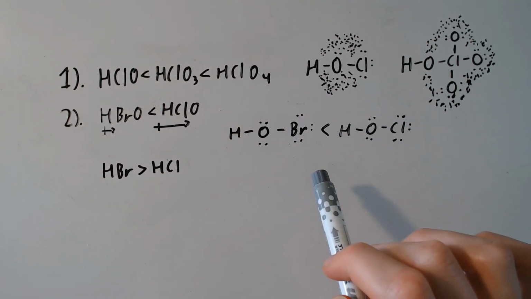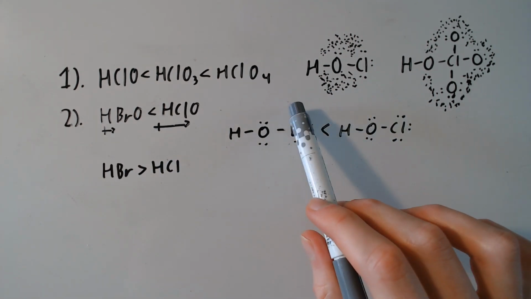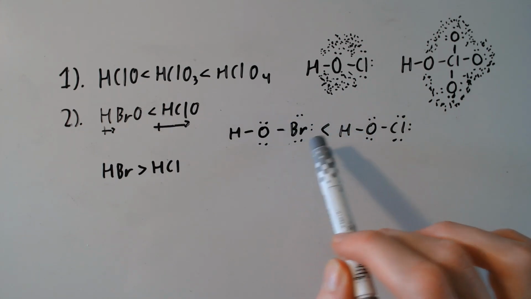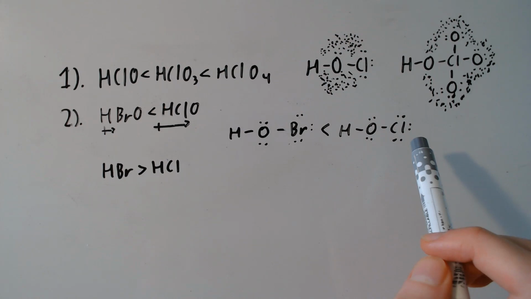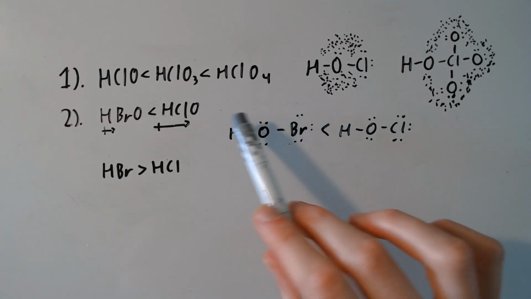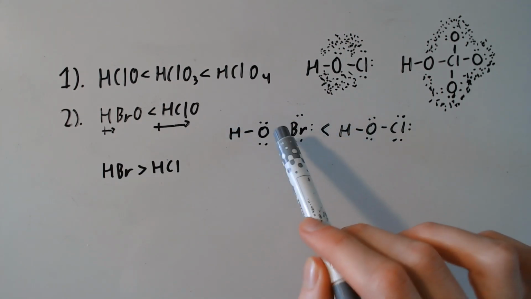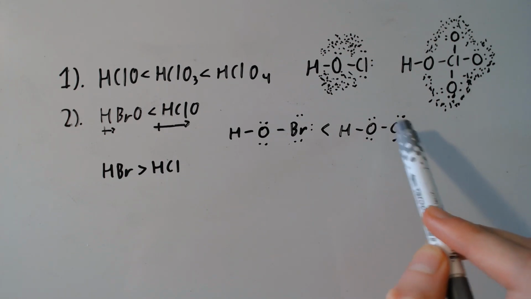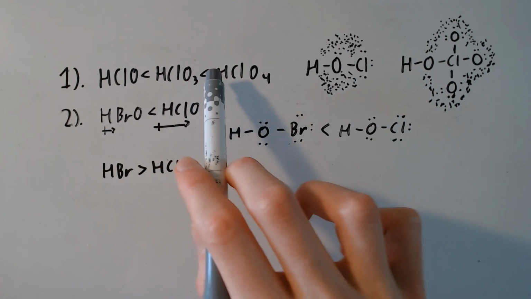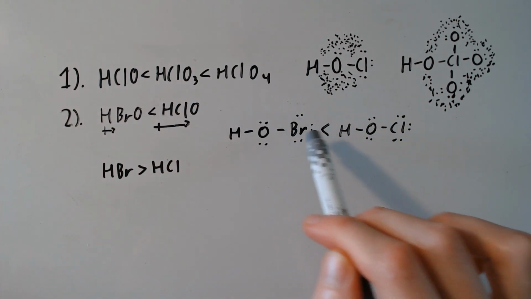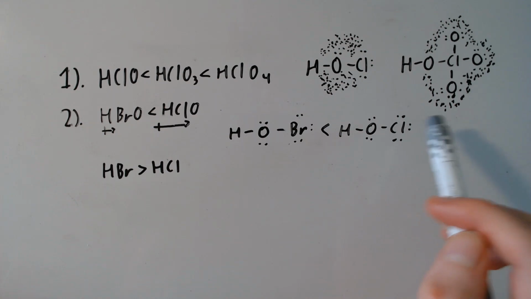So in this case, I drew them again. As the electronegativity of this central atom right here increases, the electrons are more shifted towards this central atom. However, there is a difference between an increase in the number of oxygens and an increase in the electronegativity of the central atom.